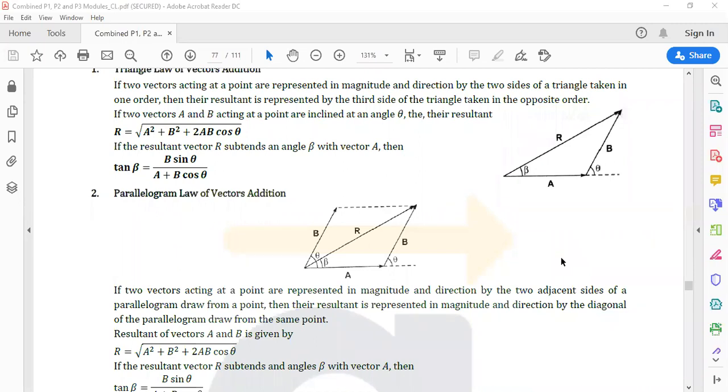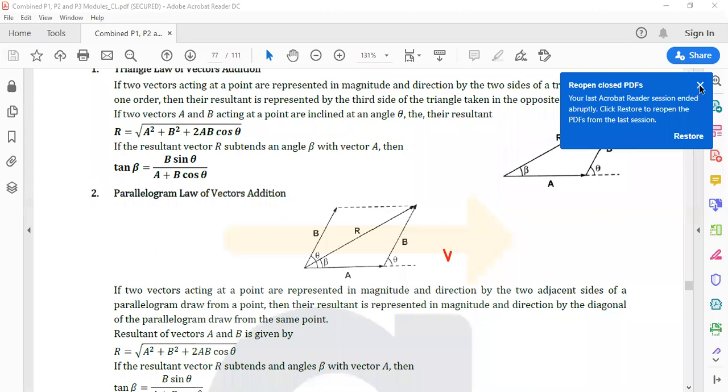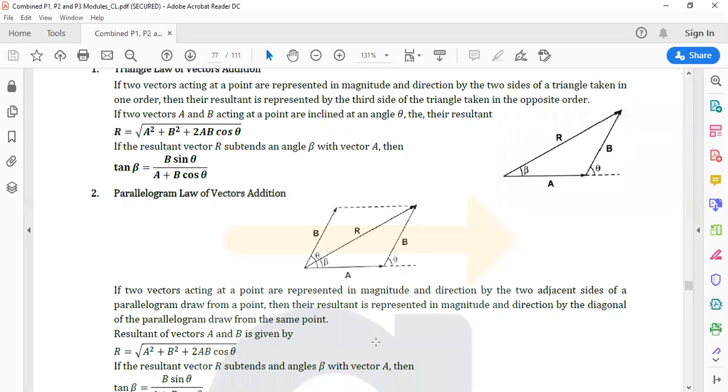Suppose I have a vector R, given in terms of components, which is x i cap plus y j cap plus z k cap.